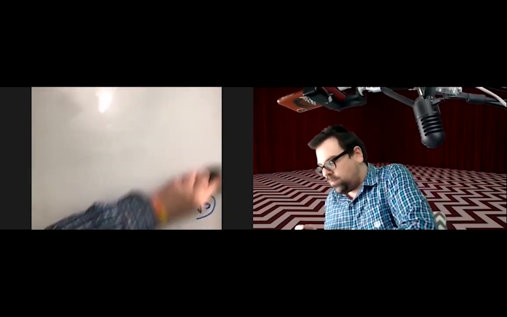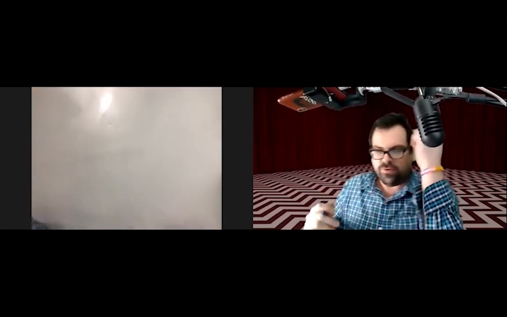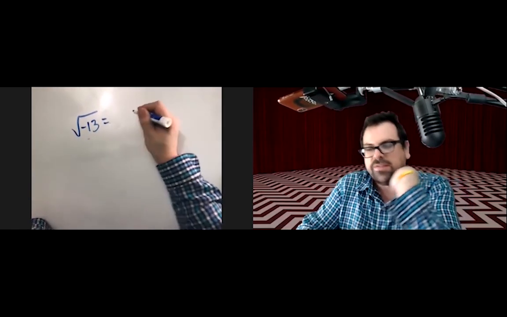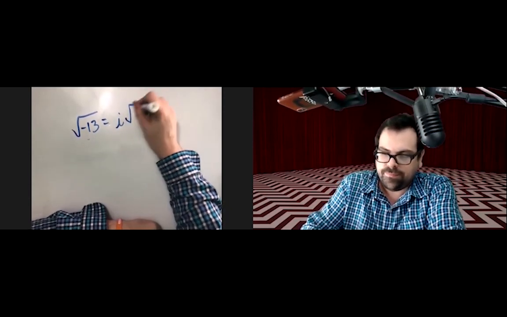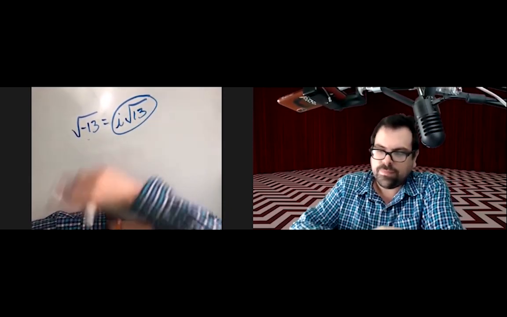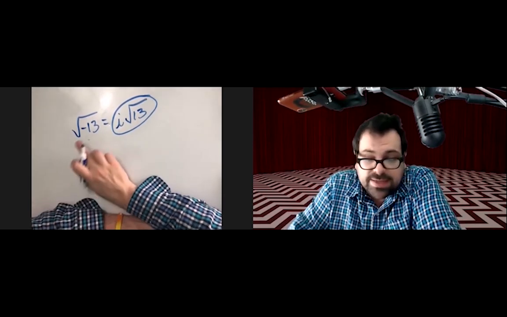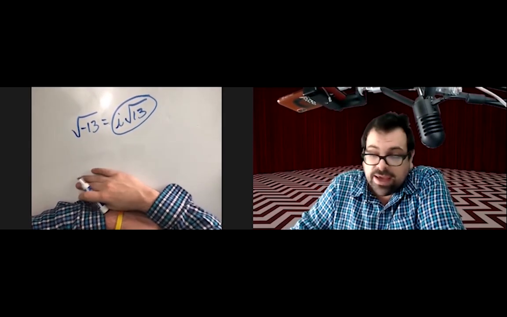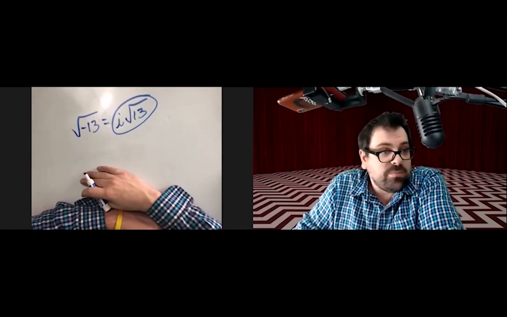Okay, what about something we wouldn't be able to simplify further if it was a positive? What about the square root of negative 13? By now, you should be realizing that a negative underneath is just an i outside. We can't simplify the square root of 13 anymore.